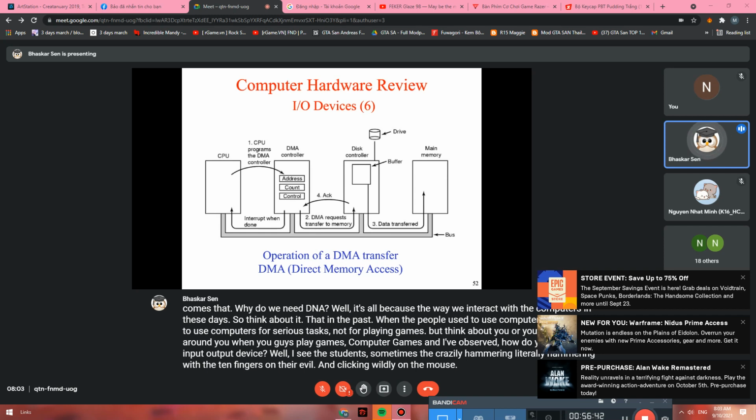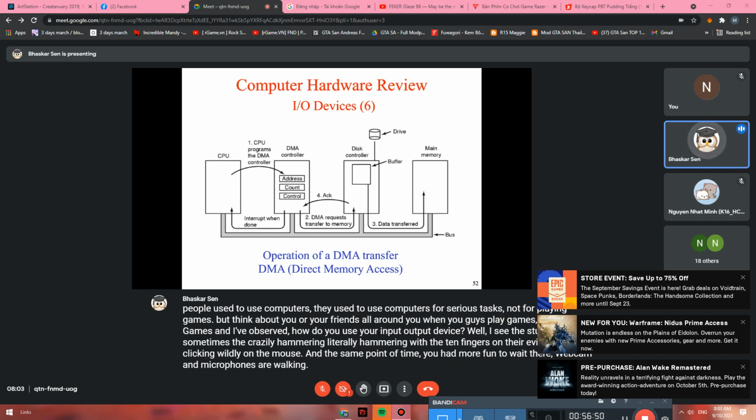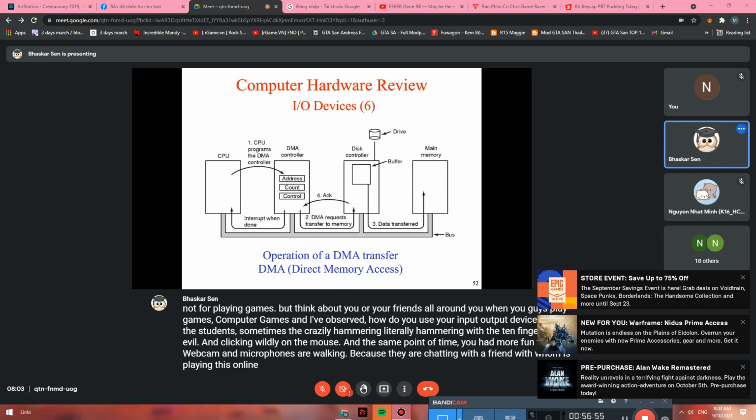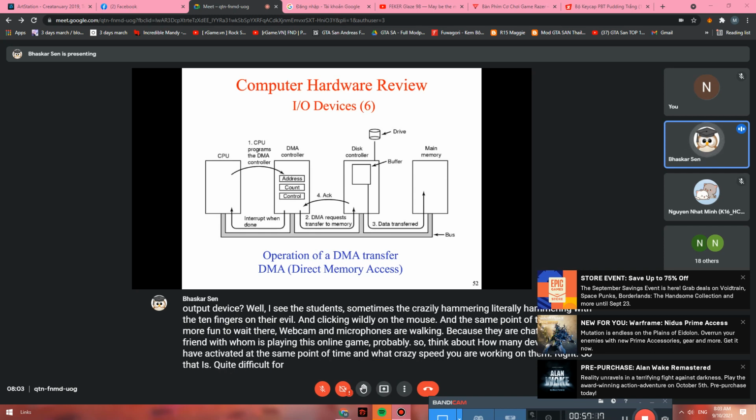At the same time, their webcam and microphones are working because they're chatting with a friend with whom they're probably playing this online game. So think about how many devices you have activated at the same point of time and at what crazy speed you are working on them. That is quite difficult for your computer to handle.